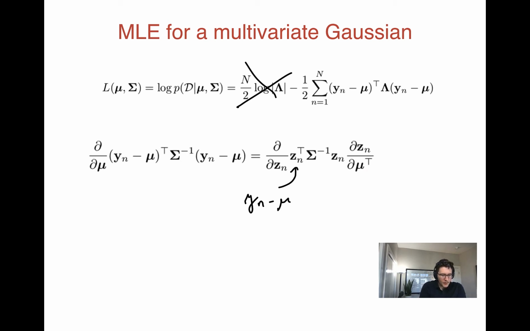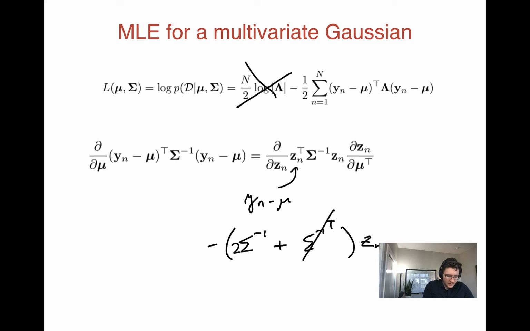Okay, so we might remember from our multivariate calculus that the derivative of this thing is the following. Sigma inverse plus sigma inverse transpose. This is a symmetric matrix, so its transpose is equal to the matrix itself. If this goes away, we get a 2 here, times Zn.